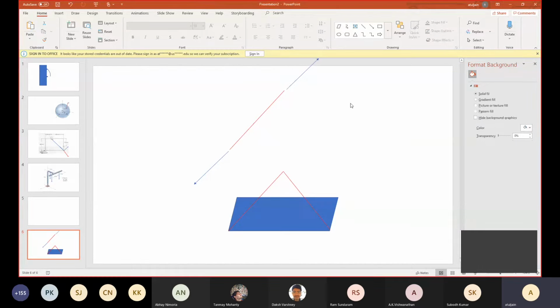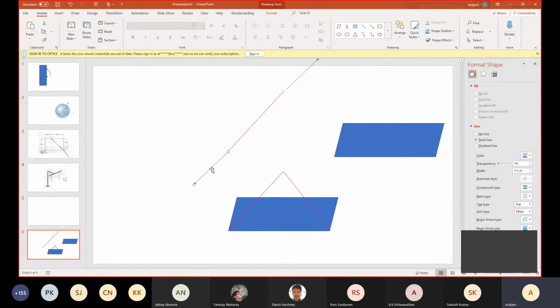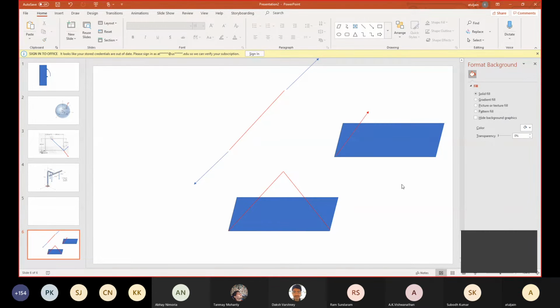Now at this point, if I want to draw only the cable separately and my bar separately, then at this point it is going to be this, equal and opposite. Clear? Okay, sir. Yes, sir. So question number 7 is okay.